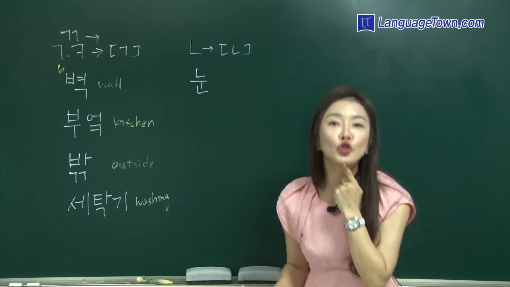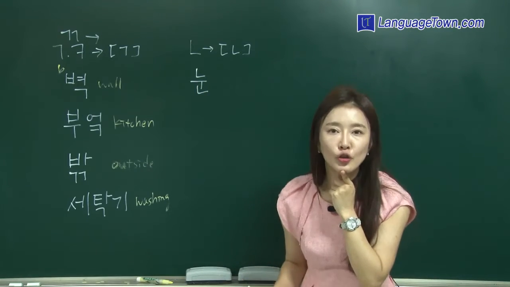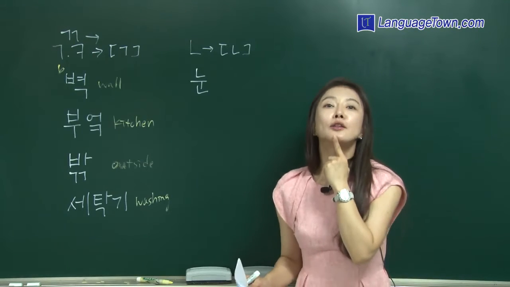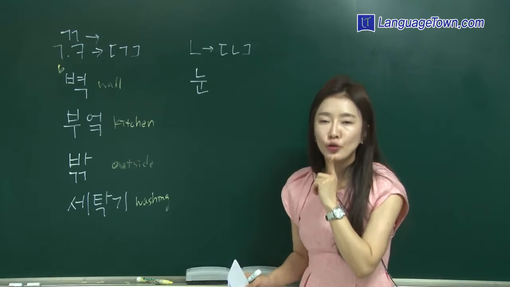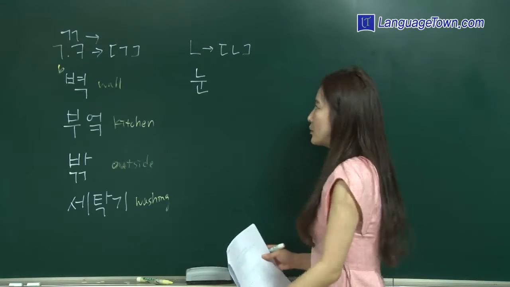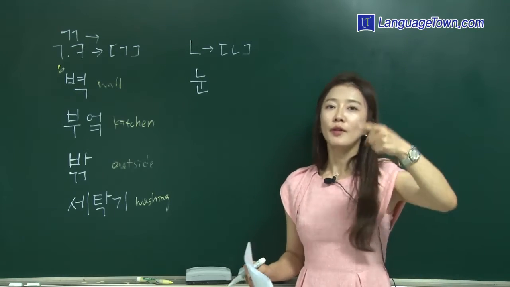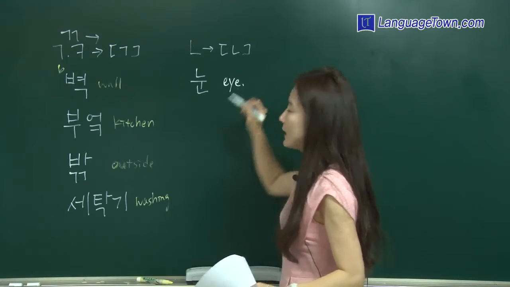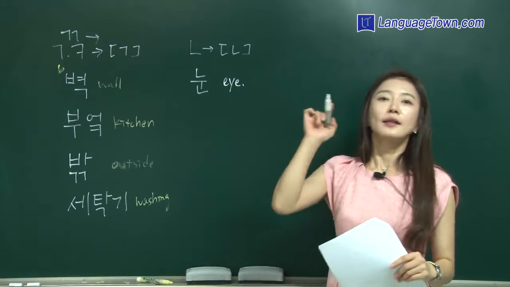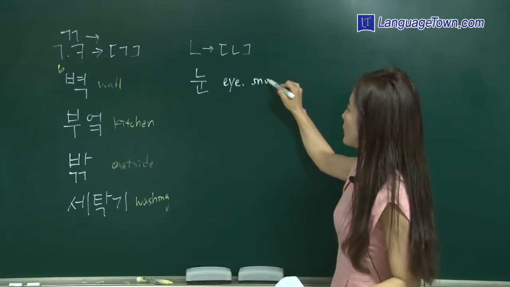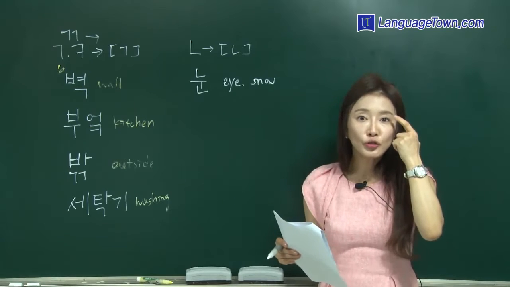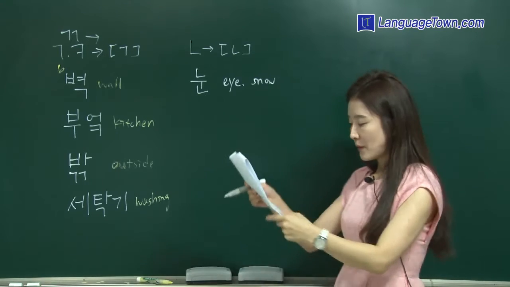So 눈. It has two important meanings. First, yes, eye. Eye is 눈. And in the winter, snow is 눈 too. So, 눈, okay, 눈. Very good.